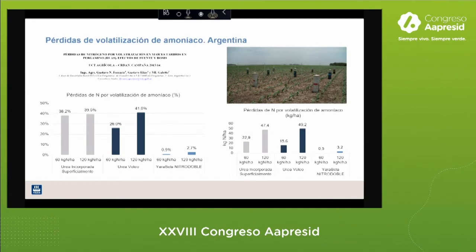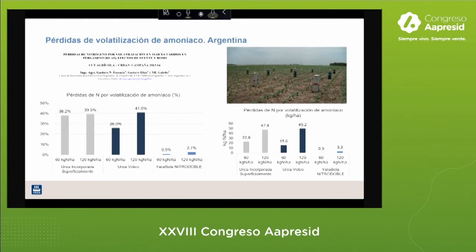It increases the pH around the granule after application, and this leads to a condition where the ratio between ammonia and ammonium is towards the ammonia, and ammonia, NH3, is very volatile, and it leads to gaseous losses of nitrogen from urea.